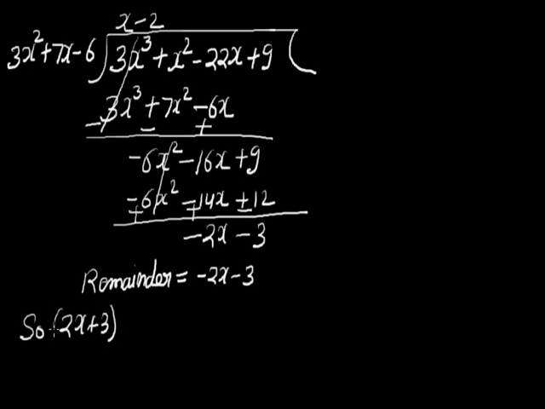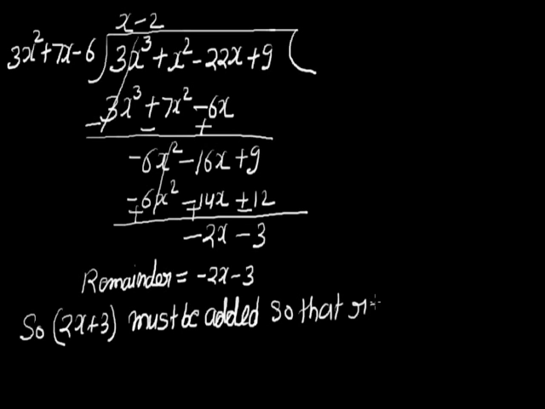So 2x plus 3 must be added so that the result is exactly divisible.